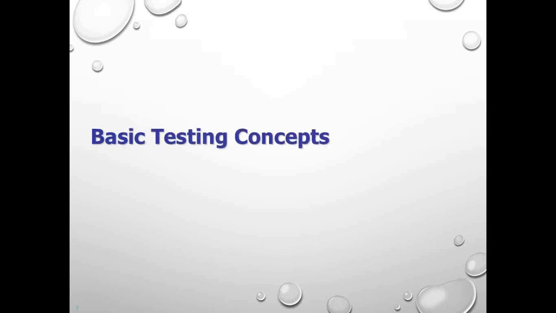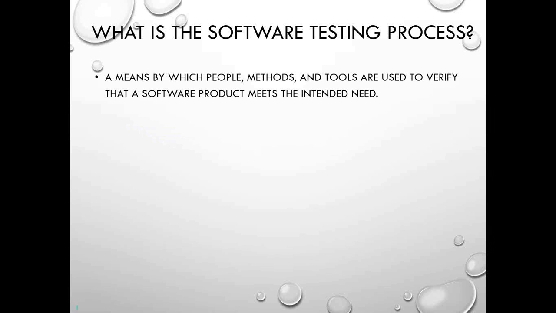Basic testing concepts: what exactly it is, how it works. What is the software testing process? A means by which people, methods, and tools are used to verify that a software product meets the intended need. Let's say I expect that when I go to the DMV office, the DMV office should give me the printed license.